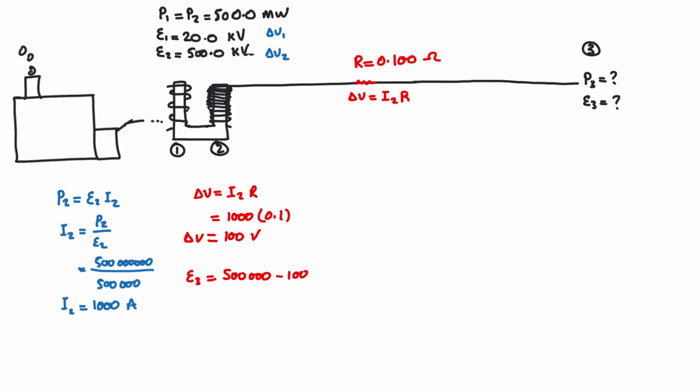That's E2 minus the drop. So this is the amount that it gains, and this is the amount that it loses. So the amount that it has at the end is going to be 499,900 volts, which is much bigger compared to my last one.